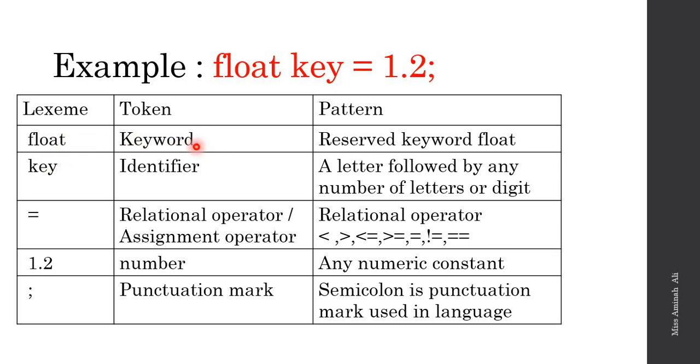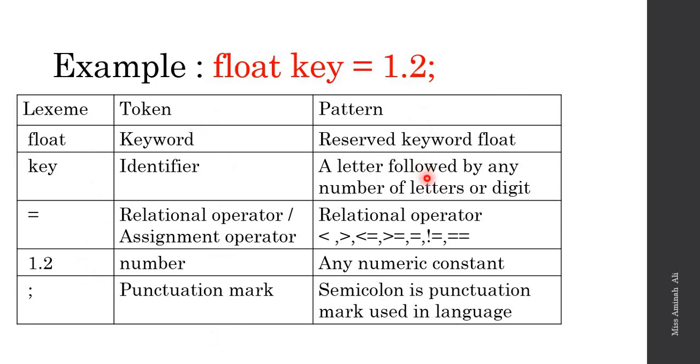Now float का token बनेगा the keyword, key is actually identifier, equal sign is a relational operator or assignment operator. Basically relational operator जो हमारे पास पूरा group होता है, तो group of relational operator they consist equal sign, so that is why we can say it is a relational operator or it is an assignment operator. Then 1.2 is the number and this semicolon is a punctuation mark. So these are all lexemes, these are the tokens.